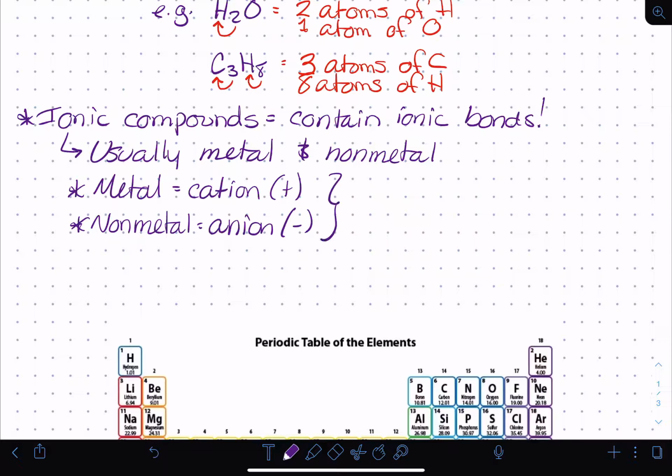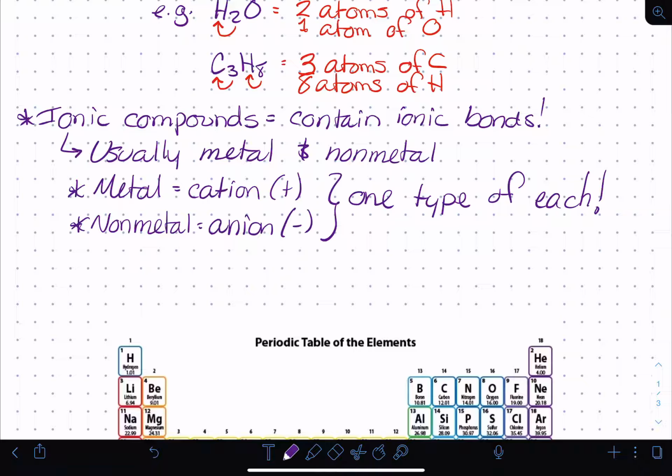So we will, for the purposes of this course, only have one type of each in a given compound. More complex compounds do exist, but for now we're just going to deal with compounds that contain one kind of cation and one kind of anion, not multiple of either.